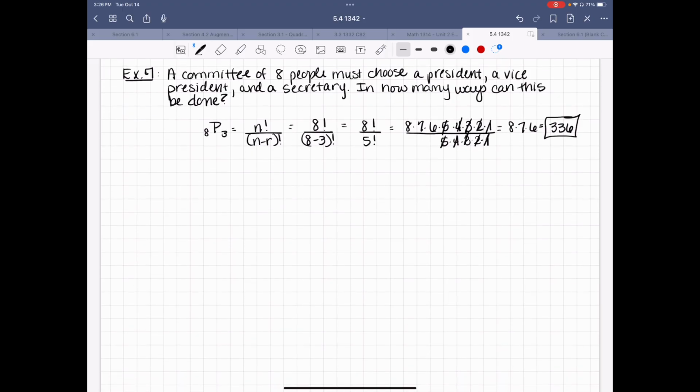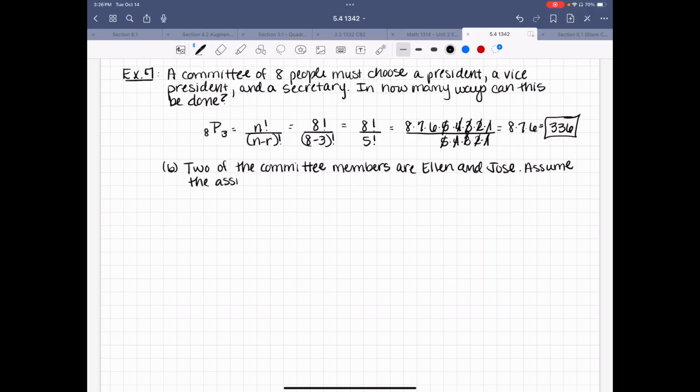If I look at part B of example 7, it says 2 of the committee members are Ellen and Jose. Assume the assignments are made at random.